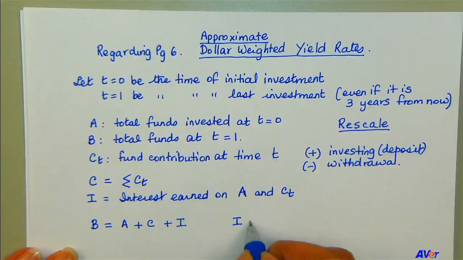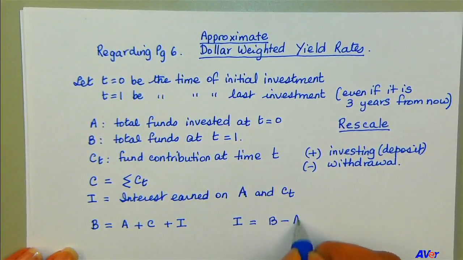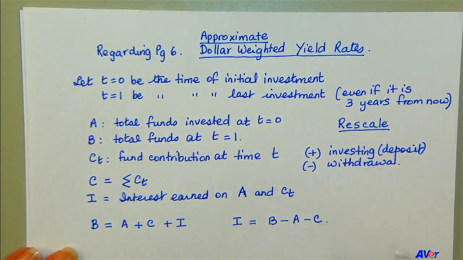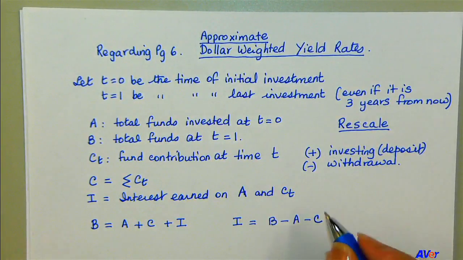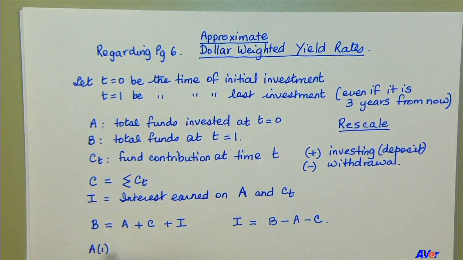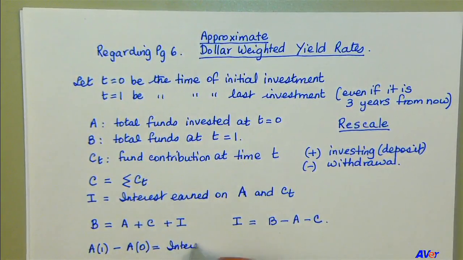Therefore, I is equal to B minus A minus C. So A(1) minus A(0) is equal to the interest, where A is the amount function.